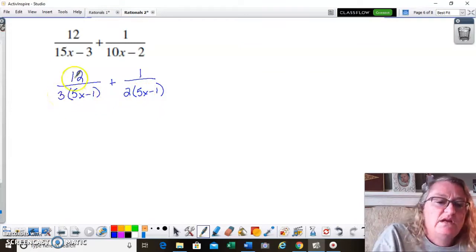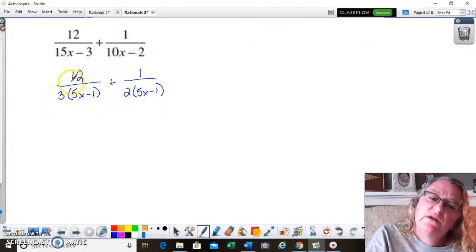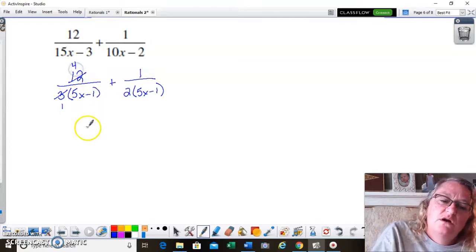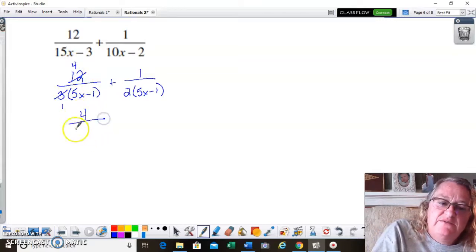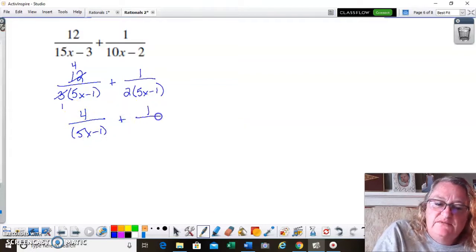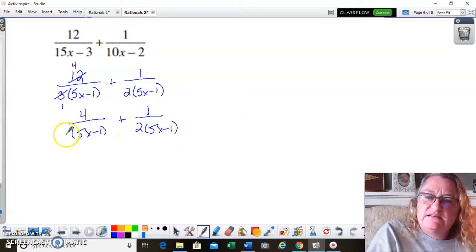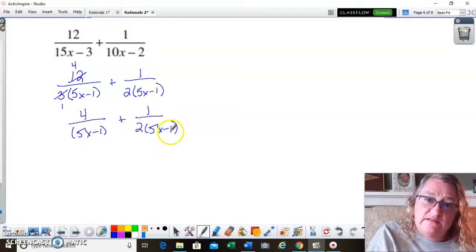And with this one, I also see that I have 12 over 3. These are both divisible by 3, so that becomes a 1, and that becomes a 4. So I'm actually looking at this fraction, with 5x minus 1, plus this fraction, with 2 times 5x minus 1. So really the only thing missing is a 2 in the first fraction, because this has the 2 and the 5x minus 1.